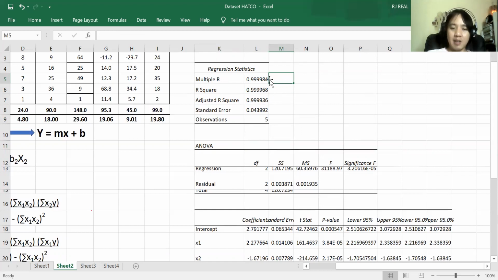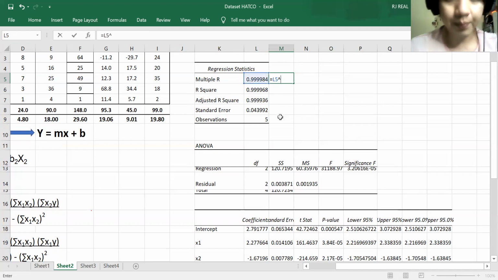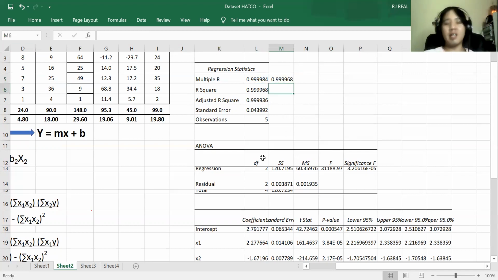Again, once we have the value of the multiple or the Pearson correlation, in this case multiple because we have two independent variables, what we do is multiply or raise the value of this to 2. Right? Then we get the same results of the R on the R square.